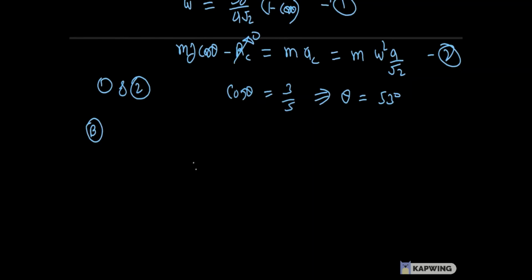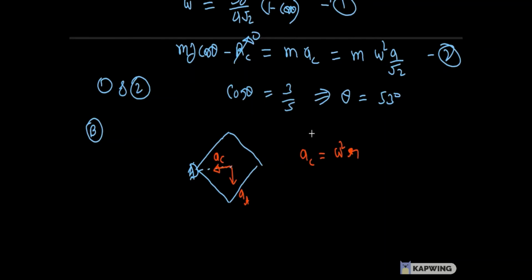So when this plate has become horizontal like this, there will be centripetal acceleration and tangential acceleration both. Centripetal will be AC and tangential will be AT. The value of AC will be omega square into r. So we need to find omega at this angle, at theta equal to 90 degree.